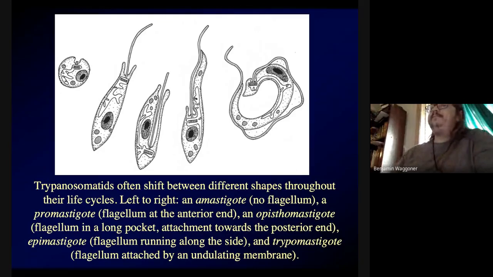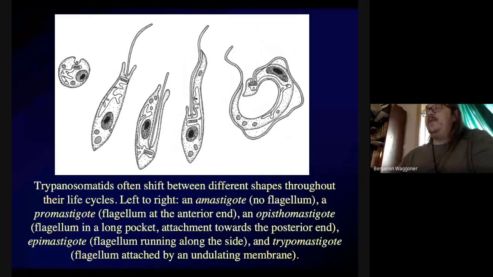Promastigotes, the flagellum is at the anterior end, right? So pulled by its flagellum, pulled from ahead, not pushed from behind the way a sperm cell would be. Opisthomastigote is embedded in a very deep pocket inside the cell.